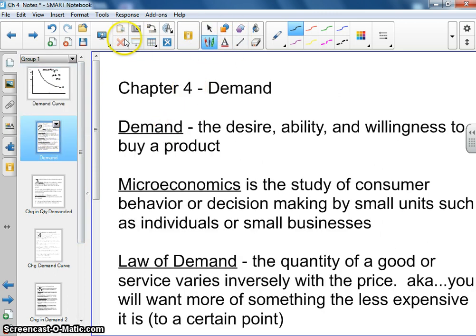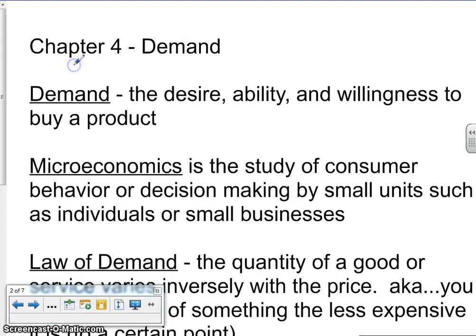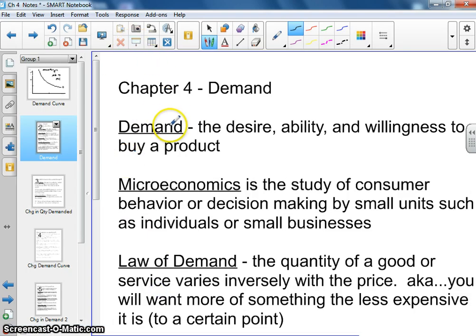As we continue with demand, we look at demand as the desire and the ability and the willingness to purchase a product. It can't just be desire and willingness. If you don't have the ability to purchase it, then that transaction is not going to happen.